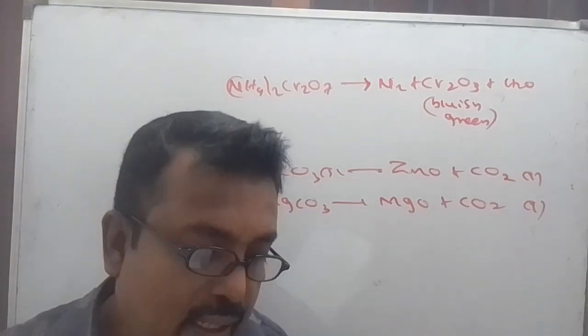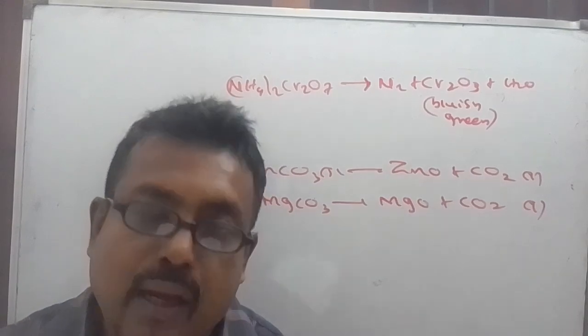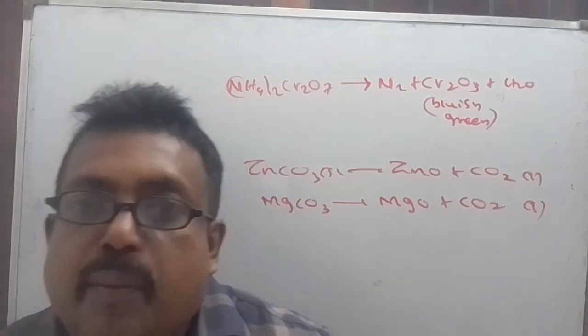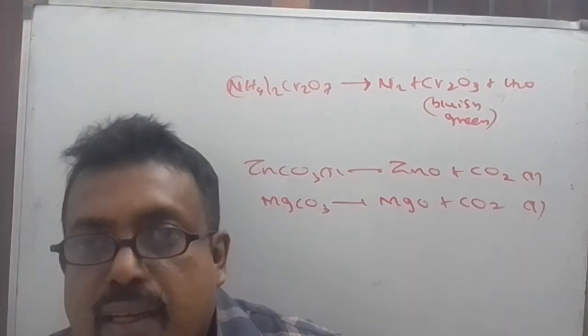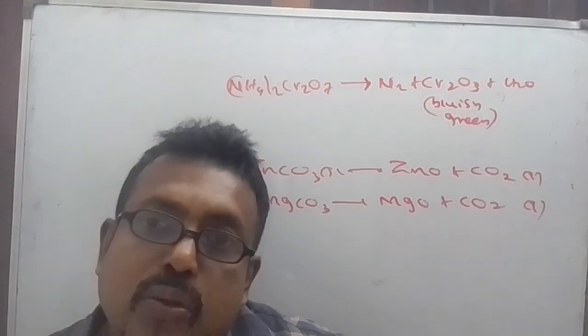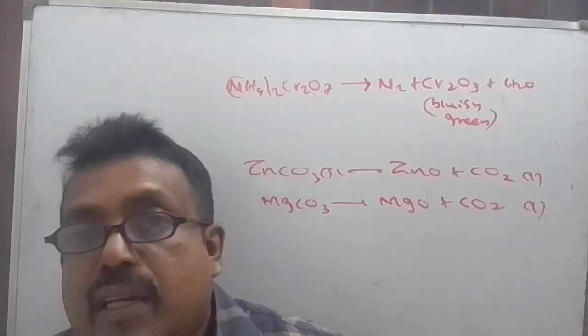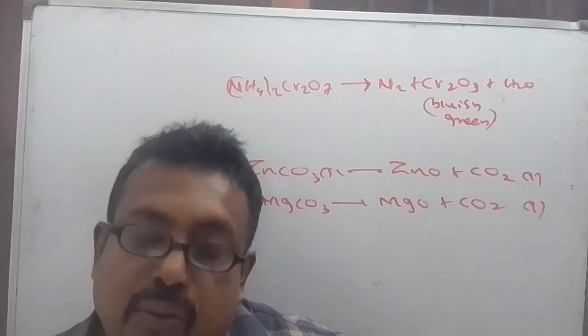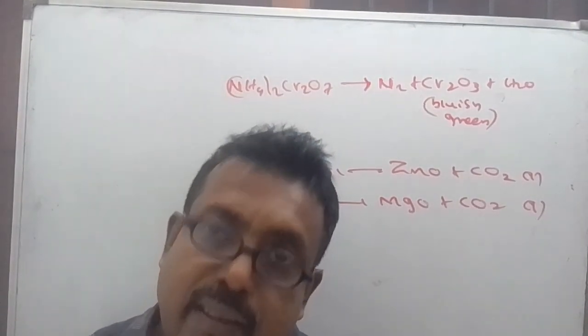Then the other one is magnesium carbonate. So what you did, right? When these 3 compounds are heated to high temperatures, ammonium dichromate produces green residue, zinc carbonate makes pale yellow residue, and magnesium carbonate produces white residue.